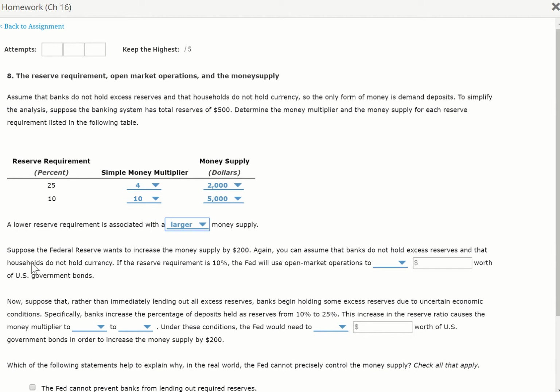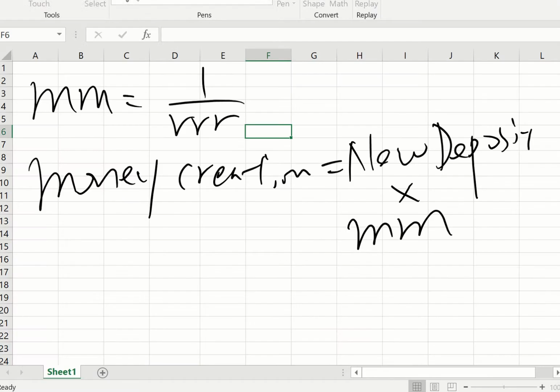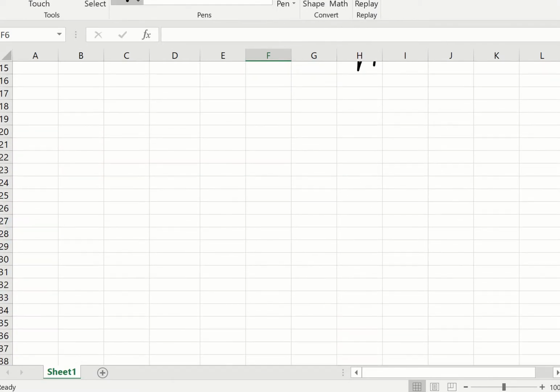Every time the bank is holding on to less money and lends the money out, that's increasing our money supply. Now, suppose the Federal Reserve wants to increase the money supply by $200, so that's our goal. Again, you can assume the banks do not hold excess reserve and the households do not hold currency. If the reserve requirement is 10%, the Fed will use open market operation. You have two choices, either to buy bonds or sell bonds.